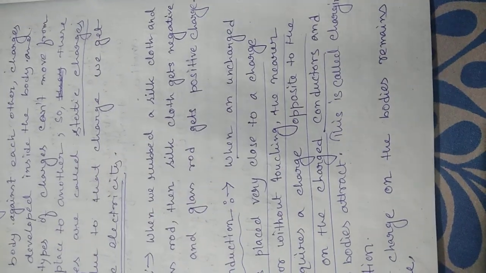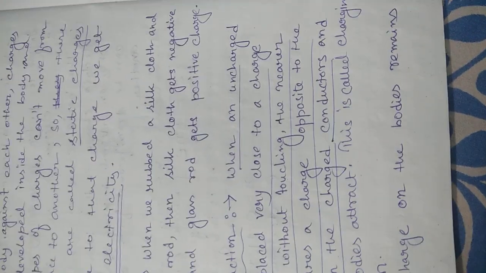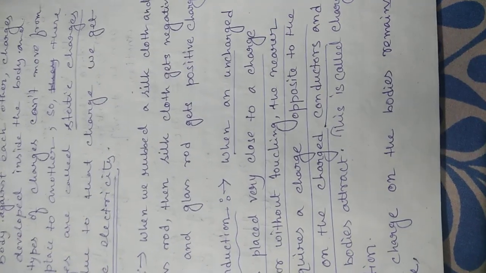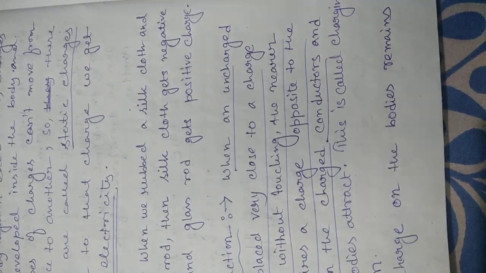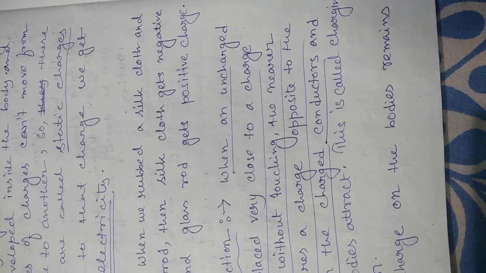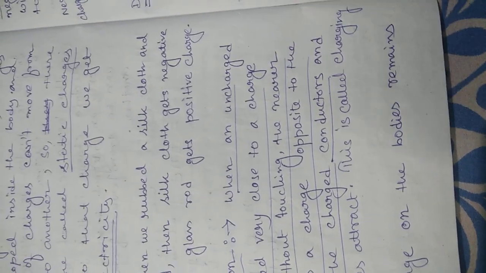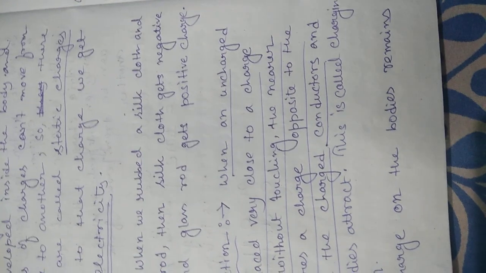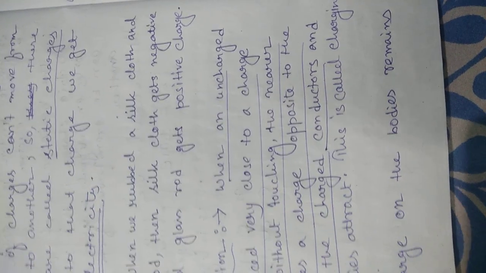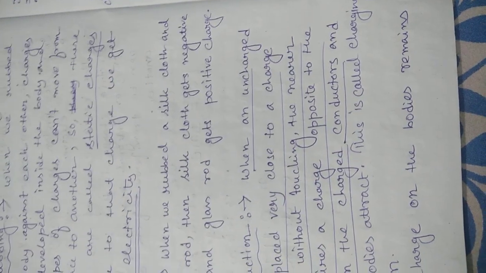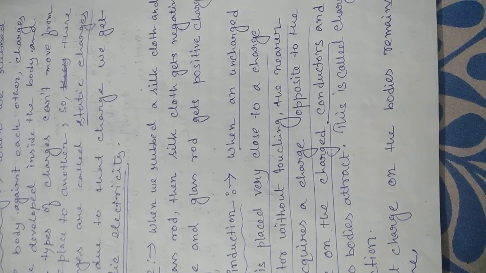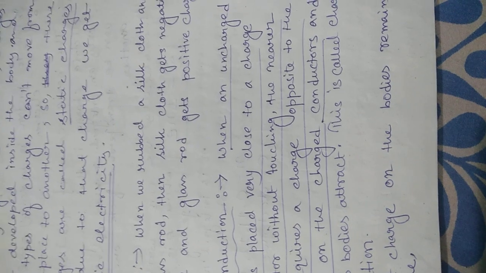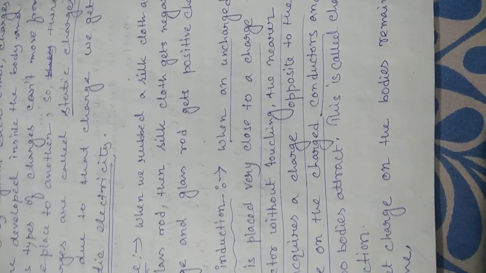Now next one is by induction, and this is the most important process of charging. Induction means two bodies are placed very close to each other but not in contact. One body is a charged body, another is an uncharged body. They are placed very close to each other but not in physical contact. So by the process of induction, a charge is induced inside the uncharged body, and that charge is opposite to the charged body.